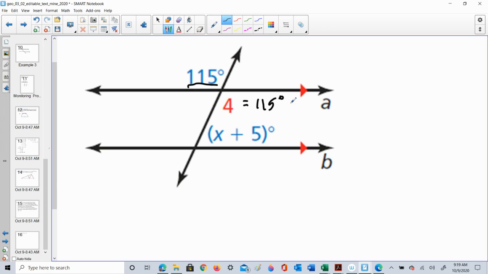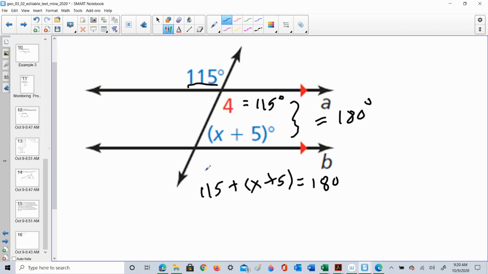Now we know that these two angles are same side interior, so added together they equal 180 degrees. So we're going to set that up, right? 115 plus x plus 5 equals 180 degrees. Combine like terms: x plus 120 equals 180 degrees.